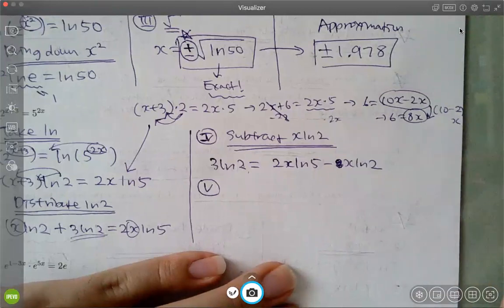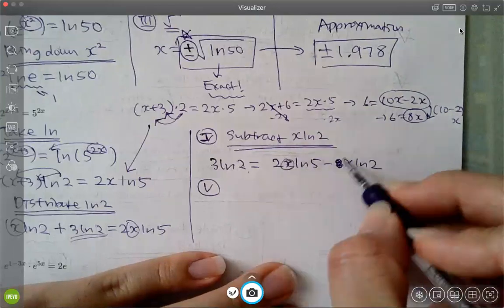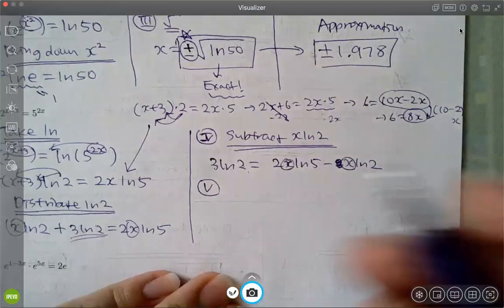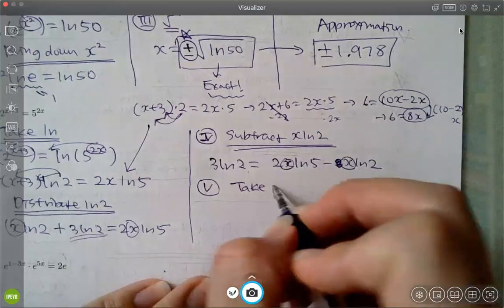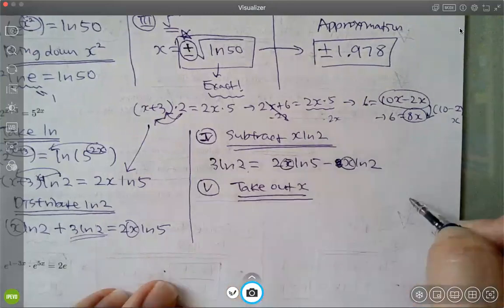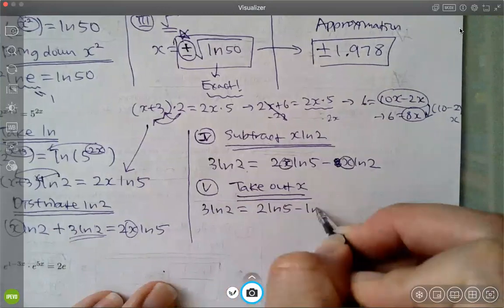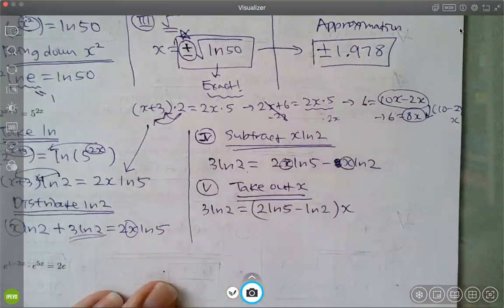So x is not affected, which means we take it out and then we subtract 10 minus 2, right? So what do we do here? Take out x. So we have 3 ln 2 is equal to 2 ln 5 minus ln 2, and then parentheses times x.